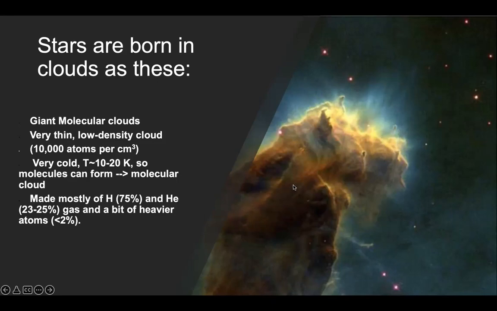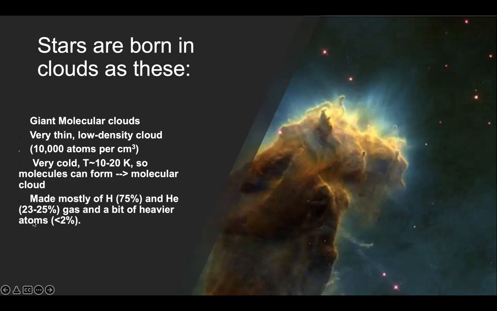For these clouds to make stars, we require a few conditions. They need to be dense and they need to be cold. By dense, we mean about 100,000 atoms per cubic centimeter, and the temperatures can be in the range of 10 to 20 Kelvin.